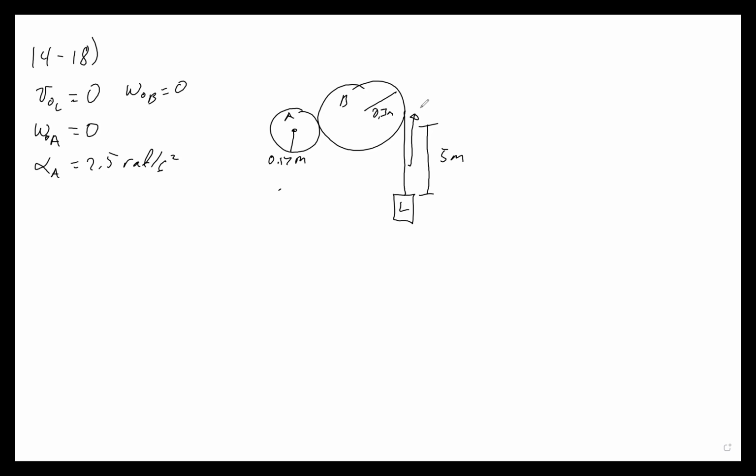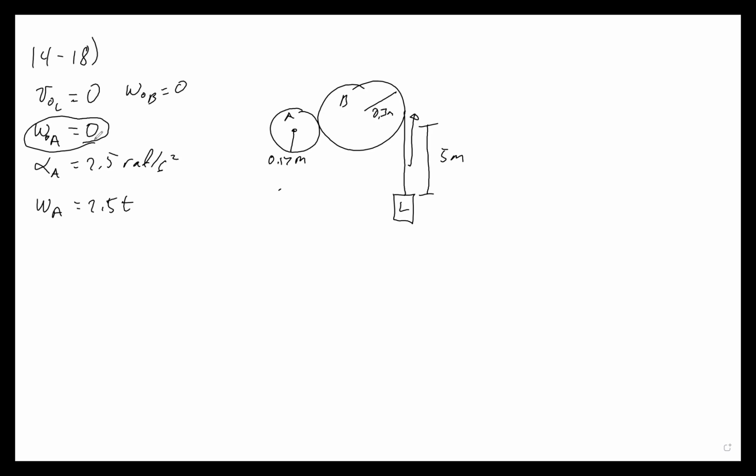So as usual, let's go ahead and integrate the acceleration, in this case the angular acceleration, and get an angular velocity and an angular position if we need it. All right, so let's integrate alpha A to omega A, and that equals 2.5t plus 0, because we were already told that the initial velocity is 0.